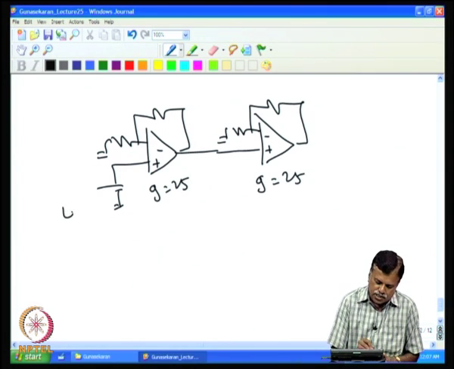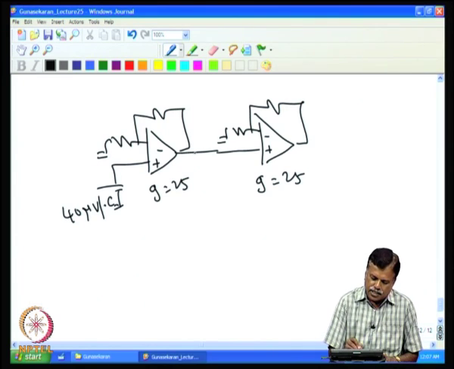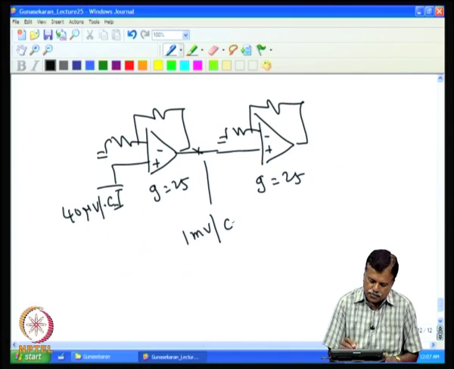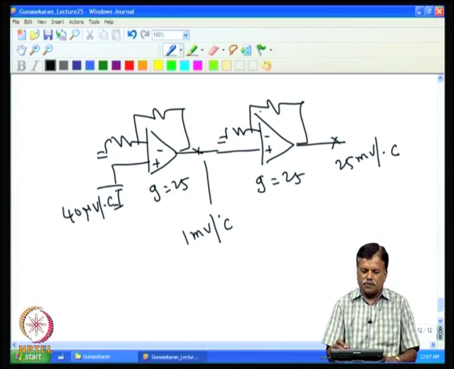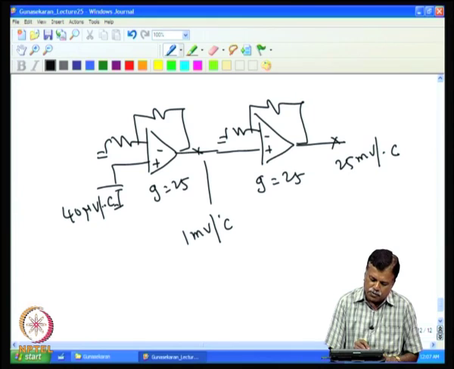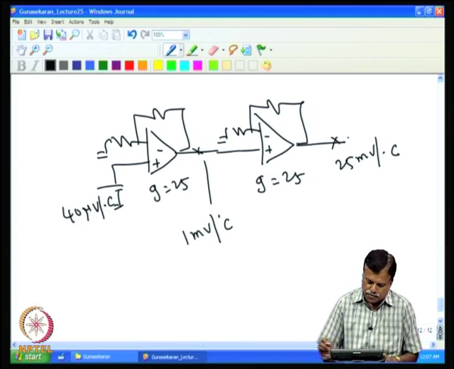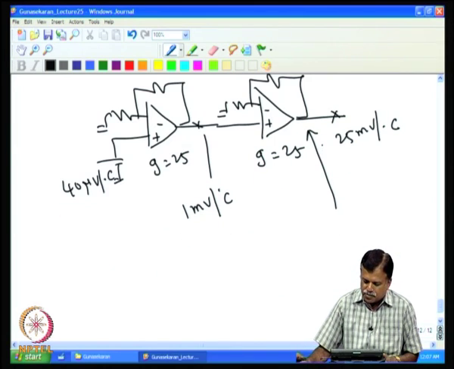then if this is a signal of 40 microvolt per degree C, I can expect here 1 millivolt per degree C, and here actually you get 25 millivolt per degree signal, because the gain here is 25. So, here 40 microvolt becomes 1 millivolt, and the 1 millivolt becomes 25 millivolt here. Now, the drift of this second op amp is not a big concern.